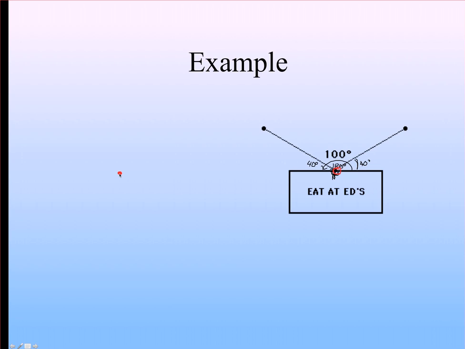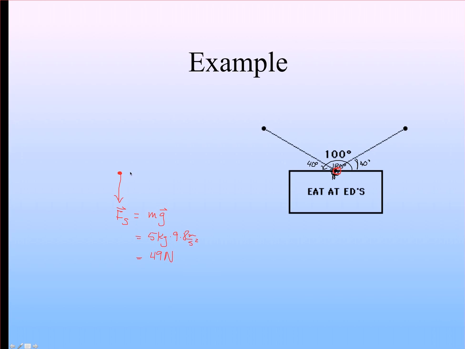We'd have the force that was due to the weight of the sign, we'll call that Fs, acting downward. And this is mass times the acceleration due to gravity of the sign, and this would be equal to 5 kilograms times 9.8 meters per second squared. That would equal 49 newtons.